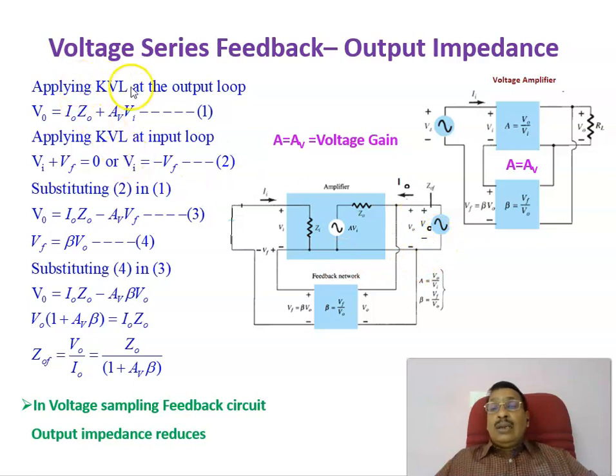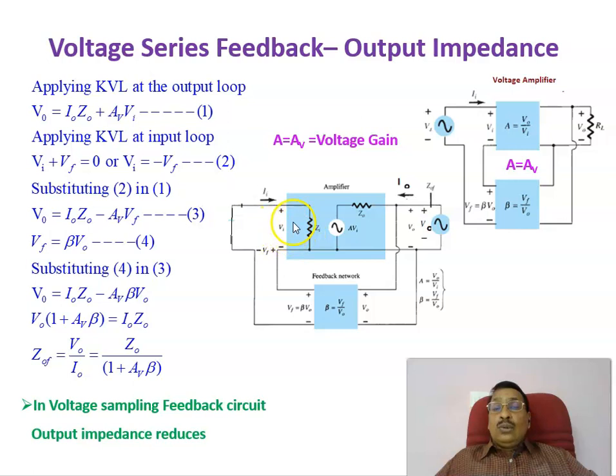Now coming to the output loop, applying Kirchhoff's voltage law to the output loop, we get V0 equal to I0 Z0 plus AV into Vi.